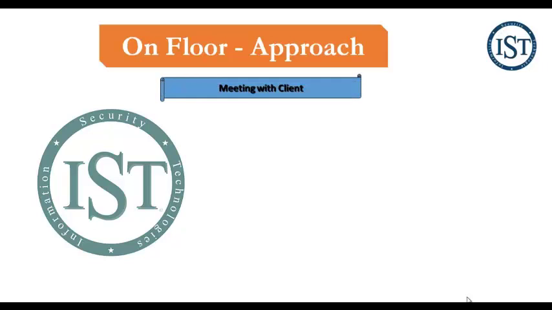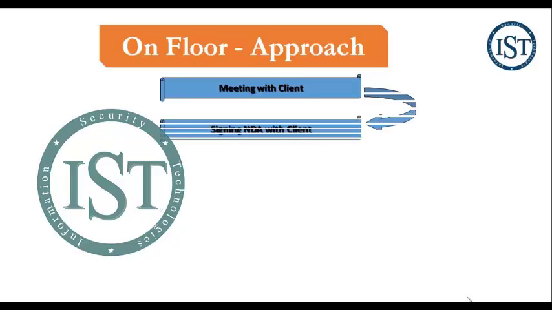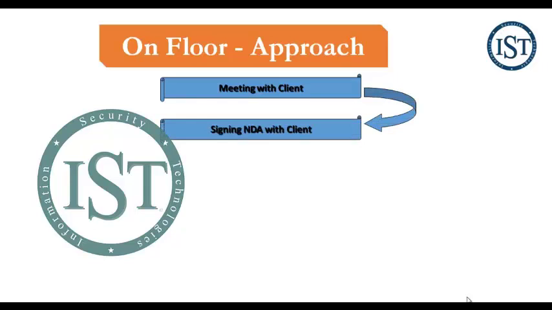This is the approach that an ethical hacker and organization will follow. First, the client meeting will be done. The client's company and the ethical hacker's organization both will have a meeting, and there will be a process called signing an NDA with the client.